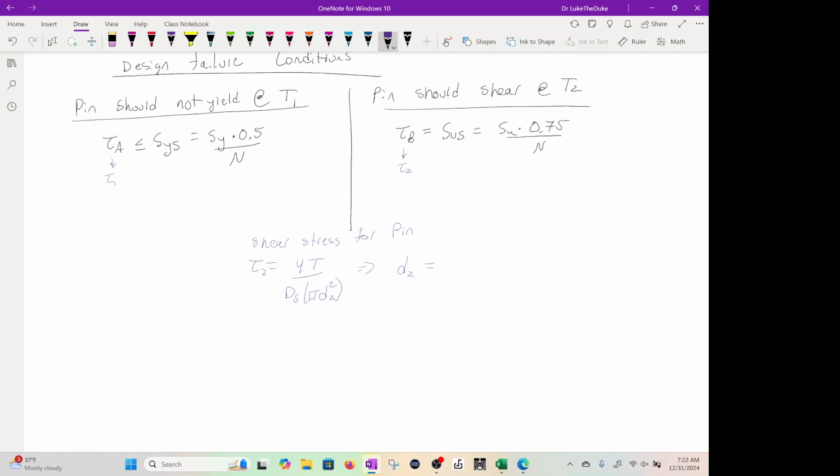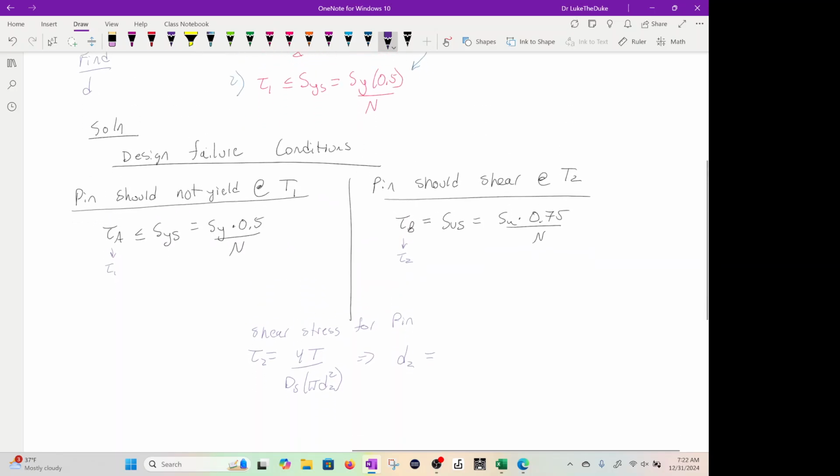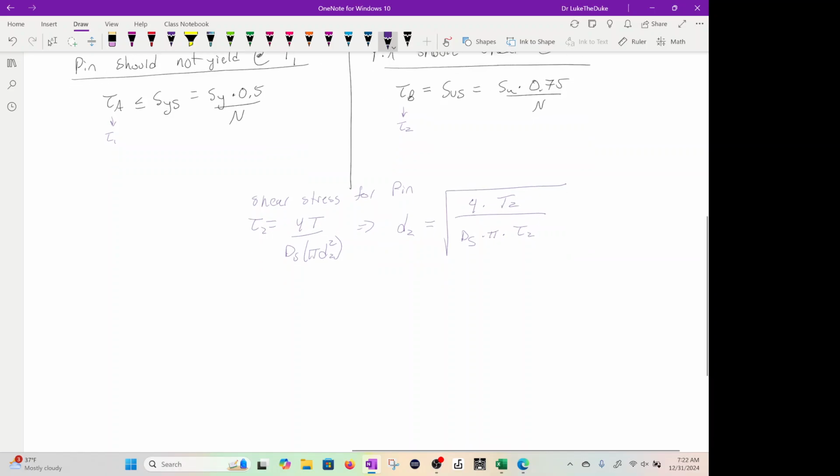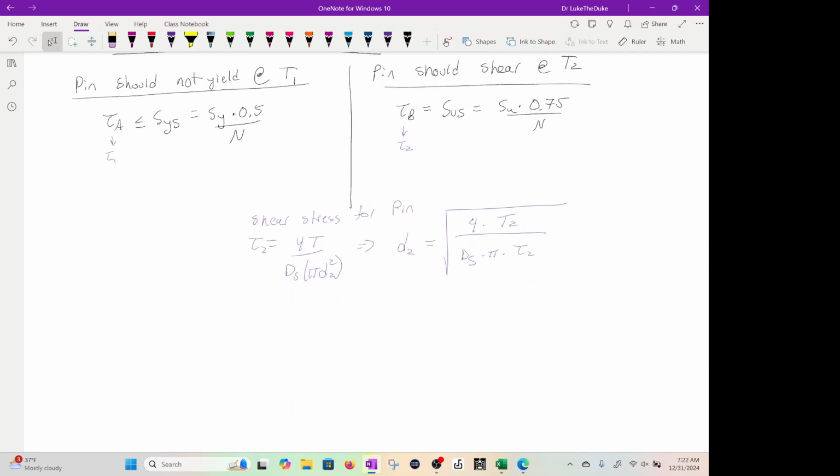This is the diameter using tau B or tau 2, the torque 2 or power 2, all right, we can find it. So D2 is 4 times the torque at 2 divided by the diameter of the shaft times pi times this tau B, which I'll call tau 2, okay. And I'm just going to use a design factor of 1 for now.